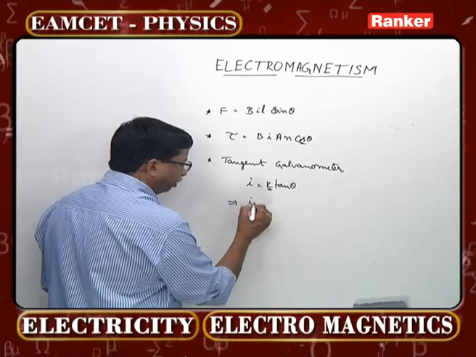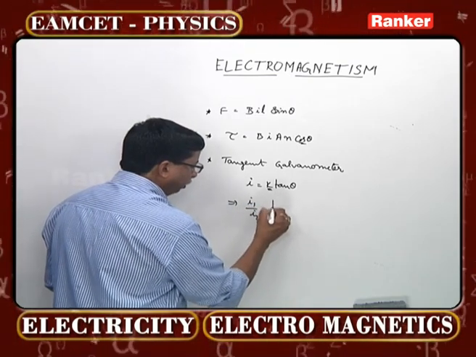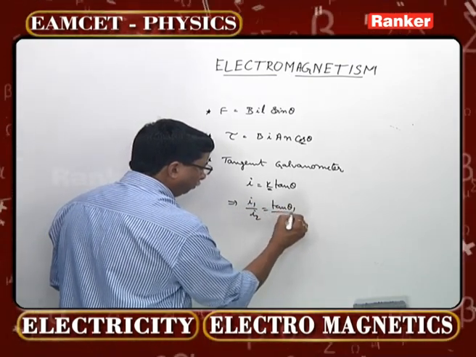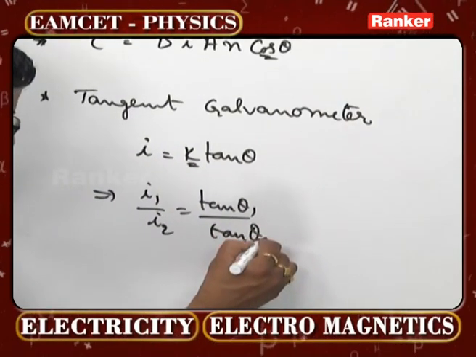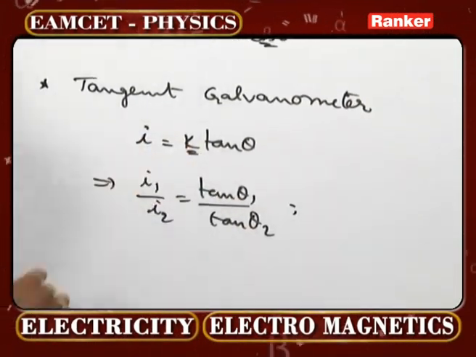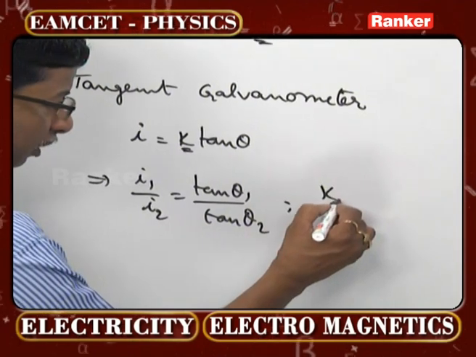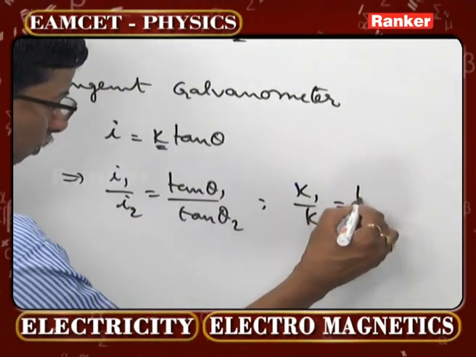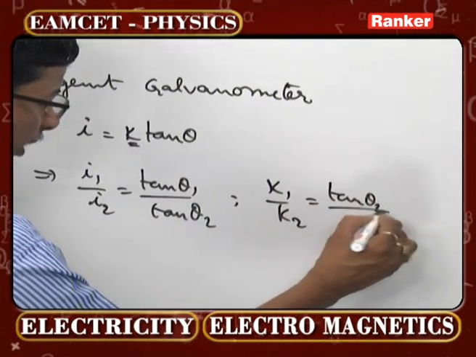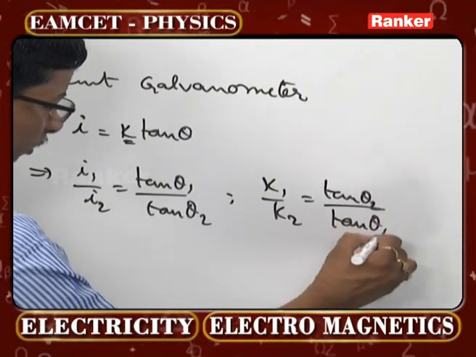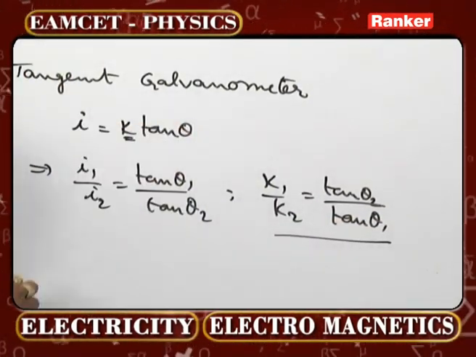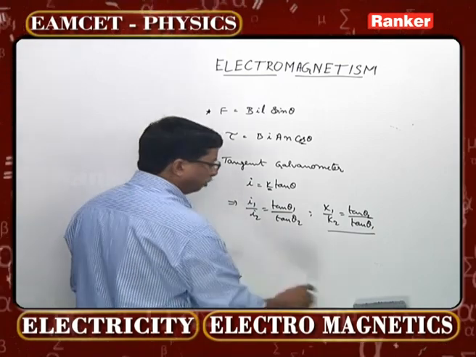Then what are the two formulae you have to remember? I1 by I2 is equal to tan theta 1 by tan theta 2. That is one formula when k is given constant. Otherwise, k1 by k2 is equal to tan theta 2 by tan theta 1. This is the equation when I is given constant. So two things we have to remember.